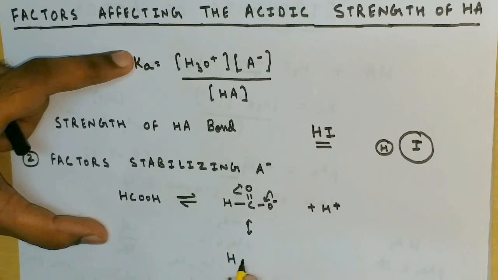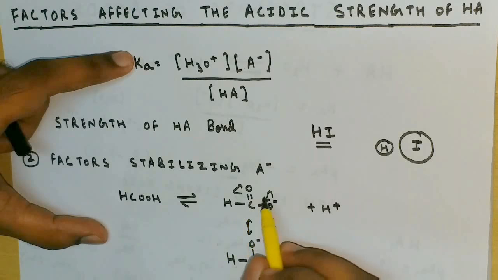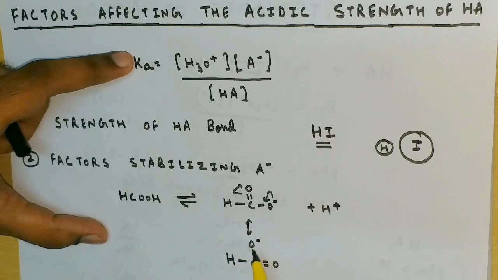The second resonating structure is easy to draw, and we can see that these resonating structures are equivalent in nature, ensuring a symmetrical distribution of electrons, and this kind of resonance is extraordinarily effective in stabilizing the molecule. So formic acid is a very strong organic acid as compared to other classes of organic acid that are known.